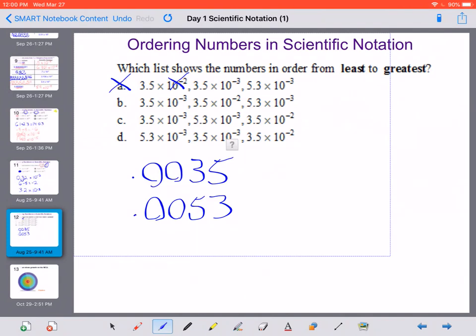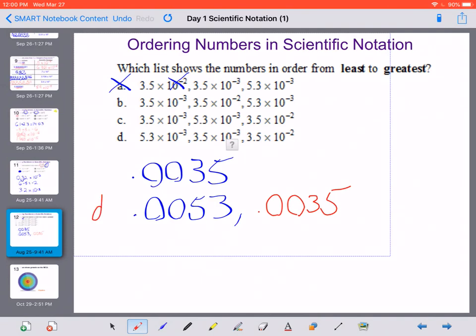So now we have to look at the next number. The next number for D is the same thing as was before, which would be 0.0035.